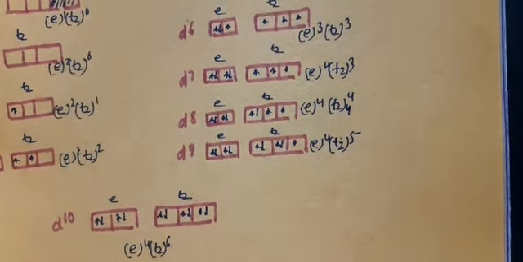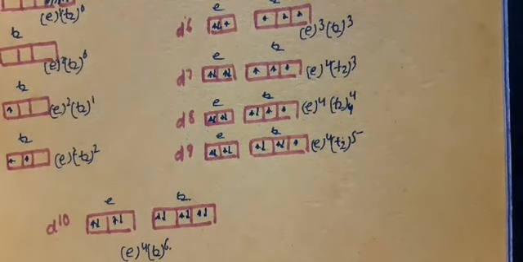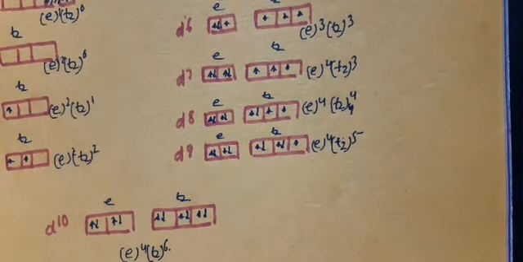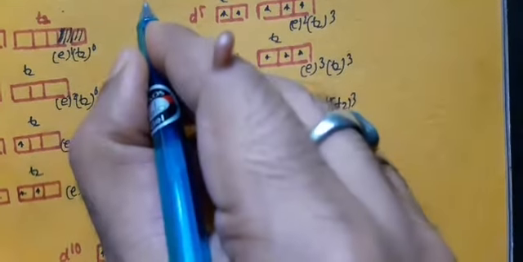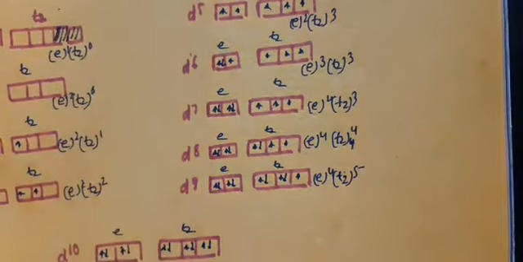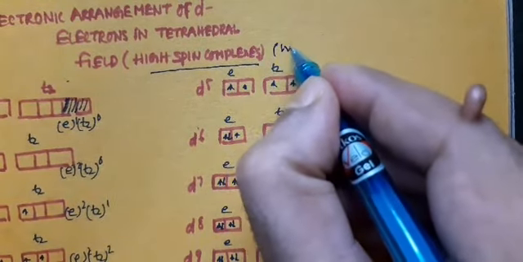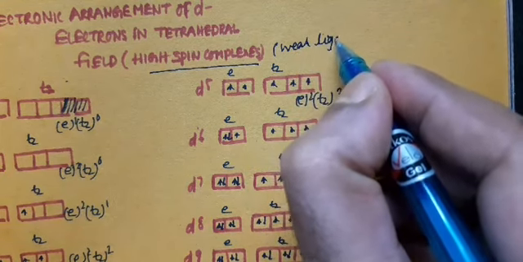So in this way we can fill the electrons present in the d orbitals of tetrahedral complexes under the influence of weak ligand, and these complexes are known as high spin complexes, which means the ligand's nature will be weak ligand.